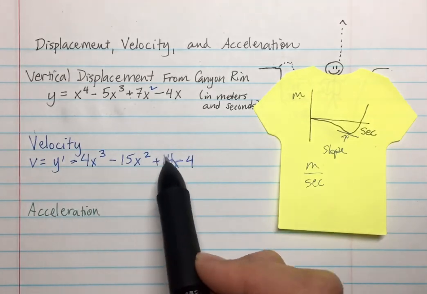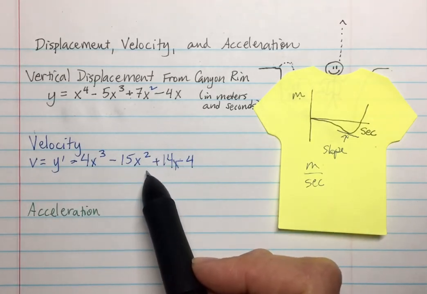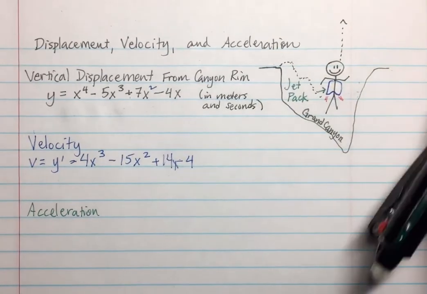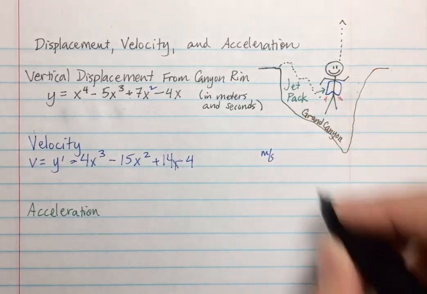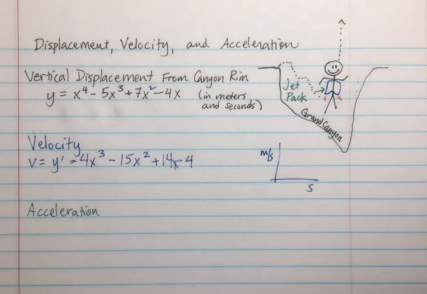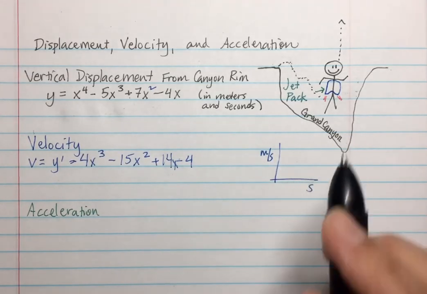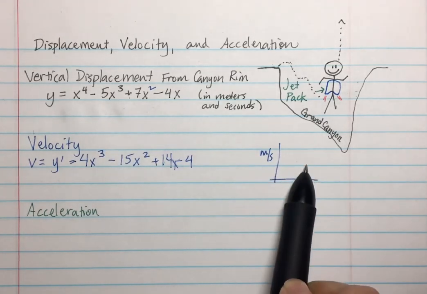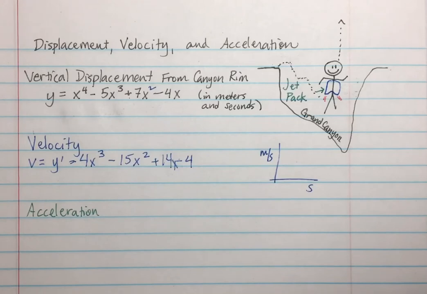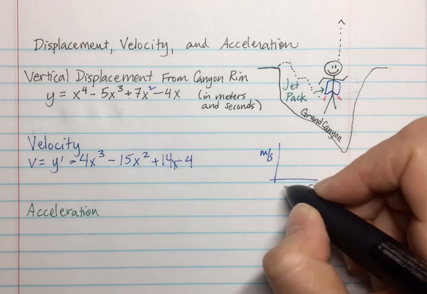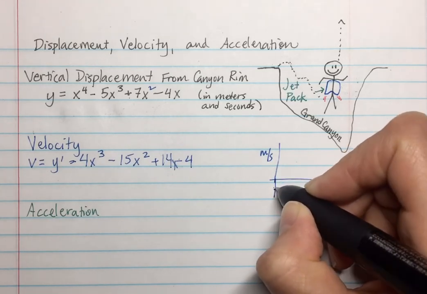So if we were to look at the graph of this guy, the units of y would be meters per second. I'm going to take the shirt away. We would have meters per second for y, and we'd have seconds for x. I'll show you that graph in a moment. So if we looked at the derivative of the velocity, so our second derivative of the displacement, and this, by the way, is a cubic. It looks something like this.